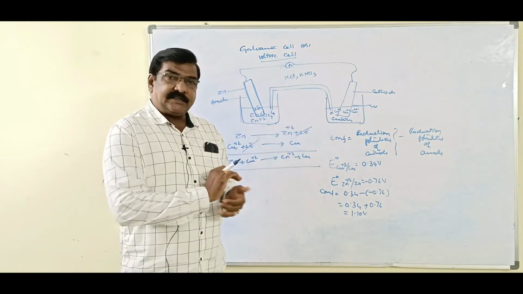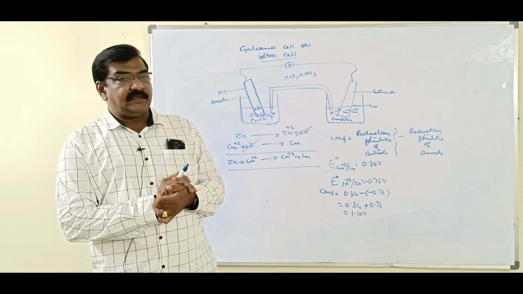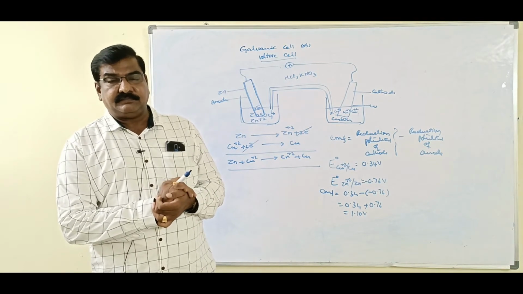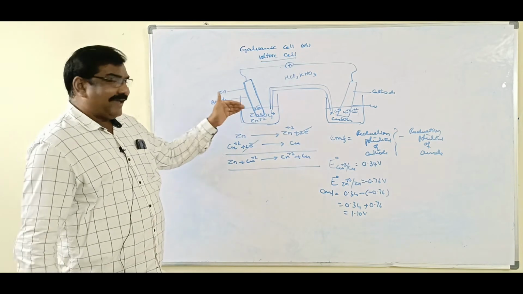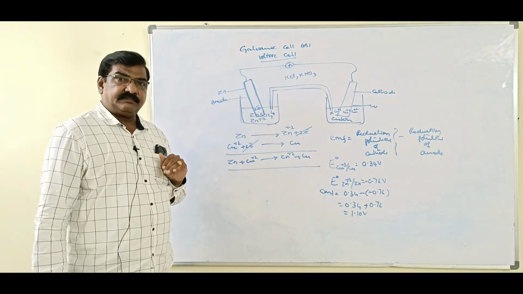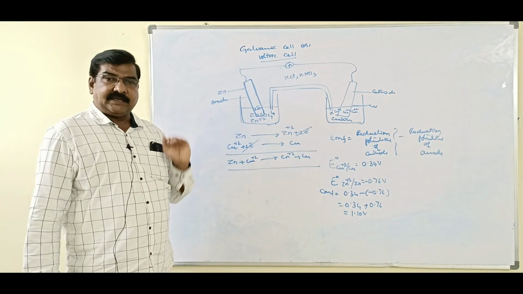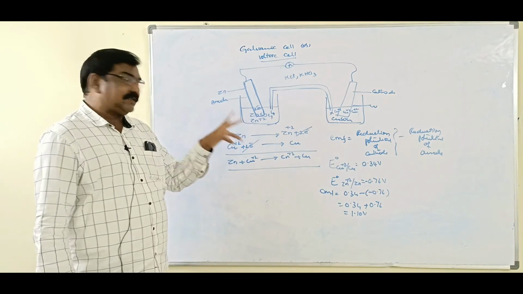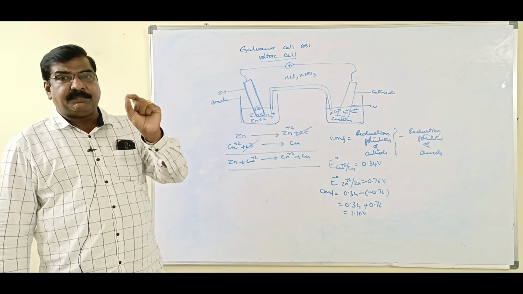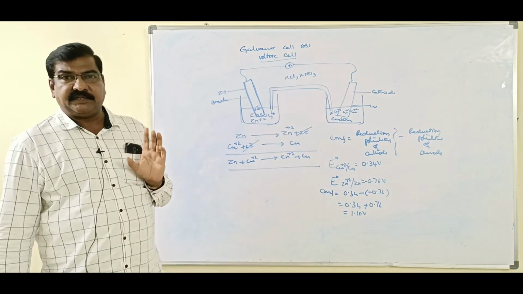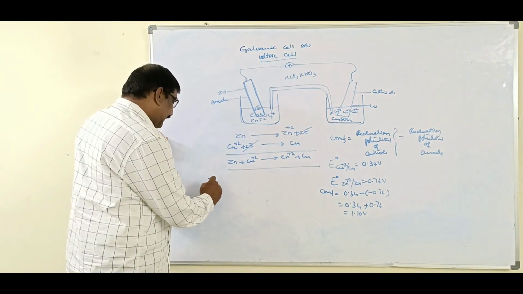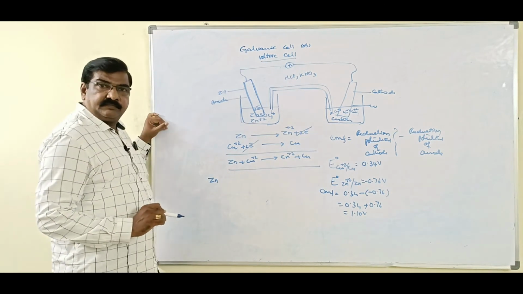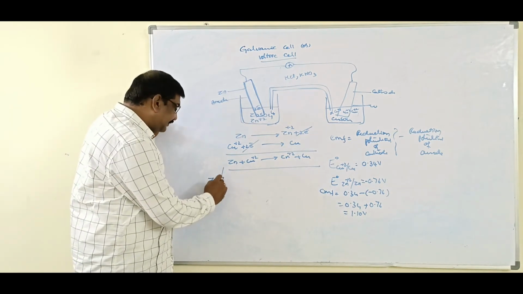And this cell is also represented by IUPAC notation. In this notation, first the anode is represented and then the cathode, and the two electrodes are separated by a salt bridge. We have taken Zn, which is converted into Zn plus 2.